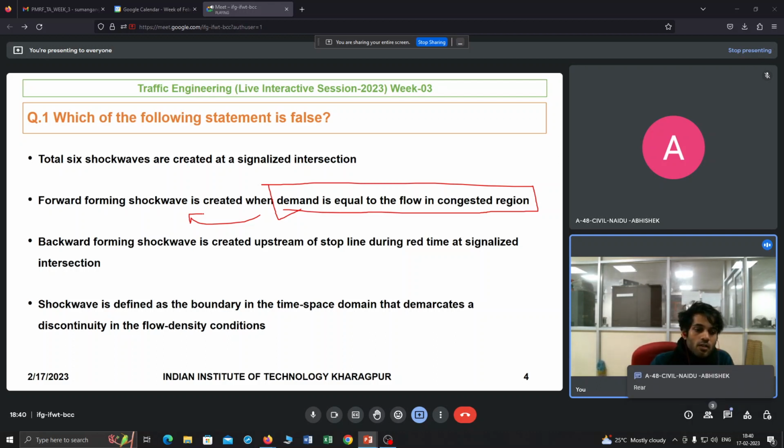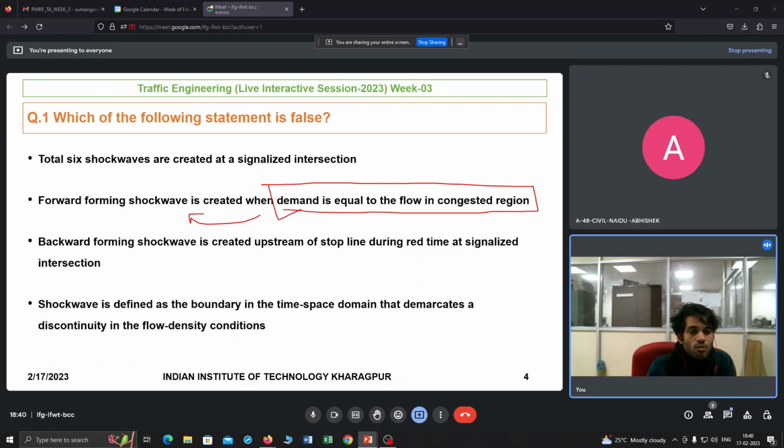Okay, rear stationary, because it is created at the rear end of the congested region. Congestion has already been created, and now the demand has been reduced, so the rear stationary shockwave is created. Now tell me, in this scenario, how will your rear stationary shockwave be dissipated?